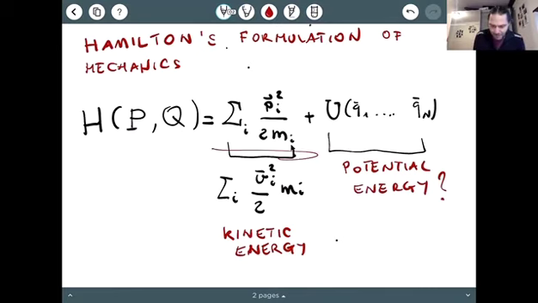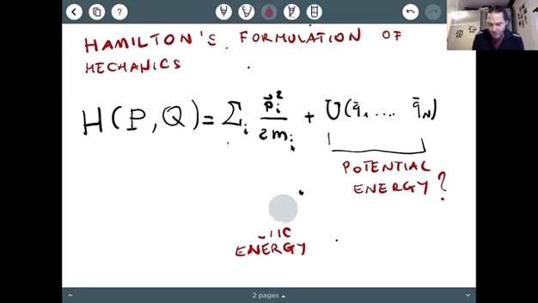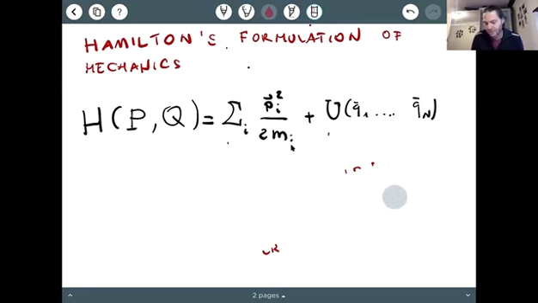Remember, what we are after is a rigorous, well-defined definition of a physical theory, and the Hamilton prescription for building a physical theory is: my state is a point in phase space, and the equations of motion of these point states are built from a function.